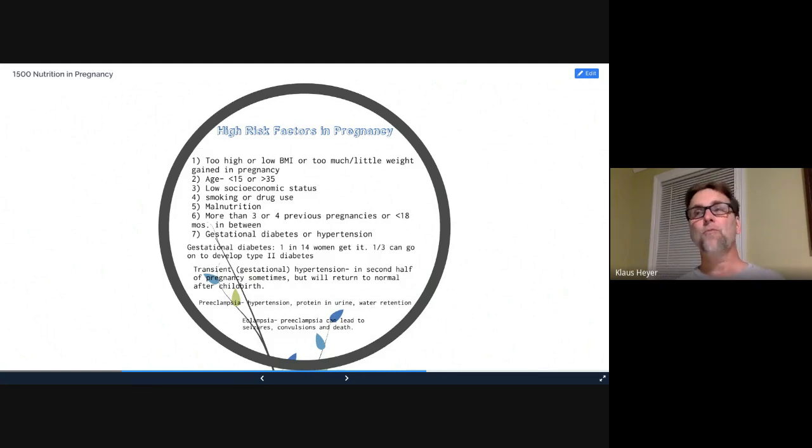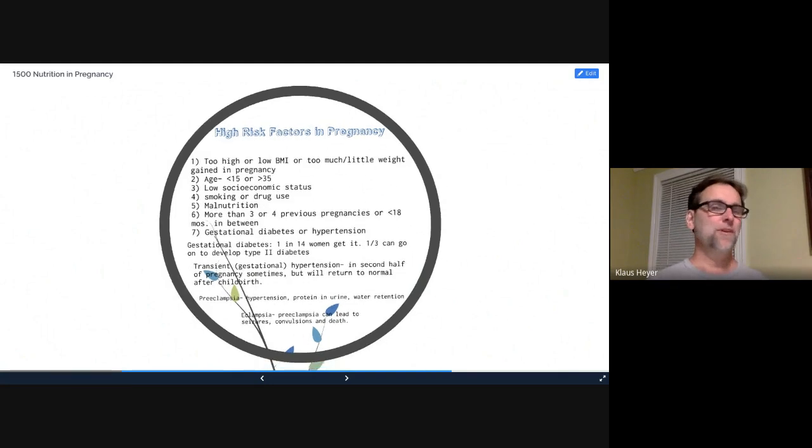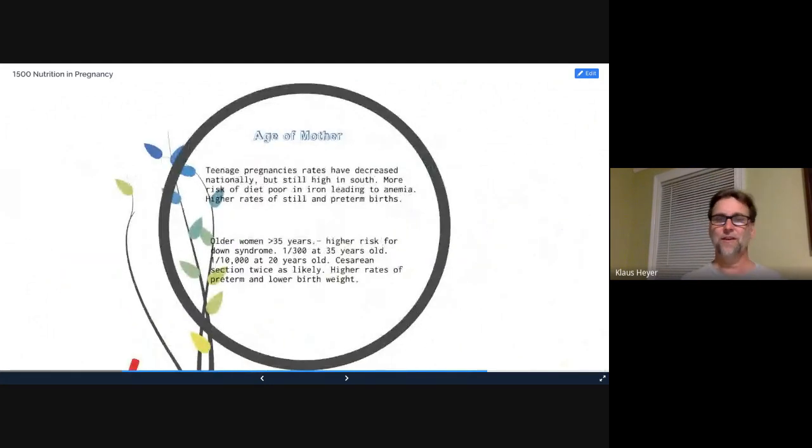But those are still risk factors, right? And then one of the things that we have to watch out for is preeclampsia, which is hypertension, but a little bit worse. So there's hypertension, and then there's protein in the urine, and you're retaining water. And if you let that go untreated, it could develop into eclampsia, which is characterized by seizures, and that's very serious. But typically it doesn't get to that point.